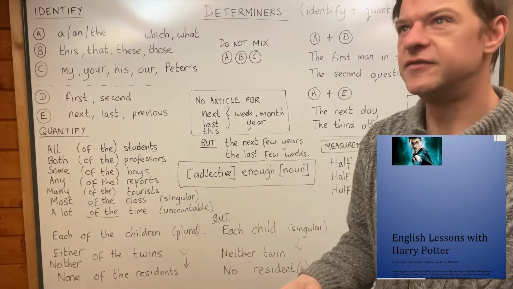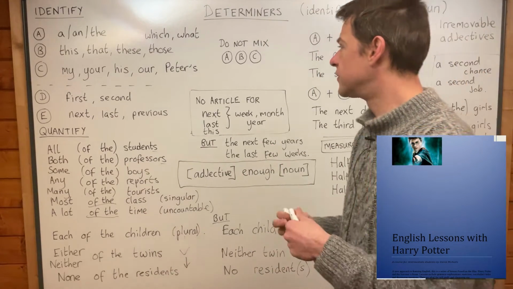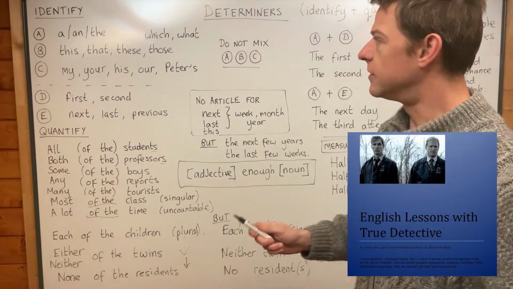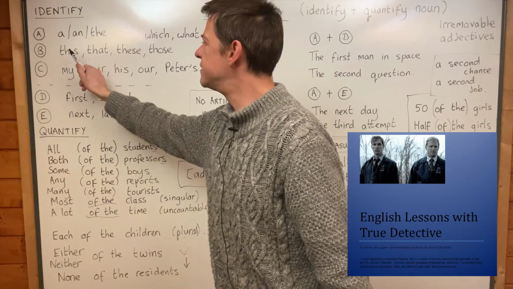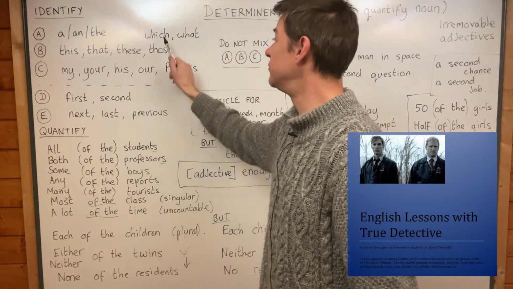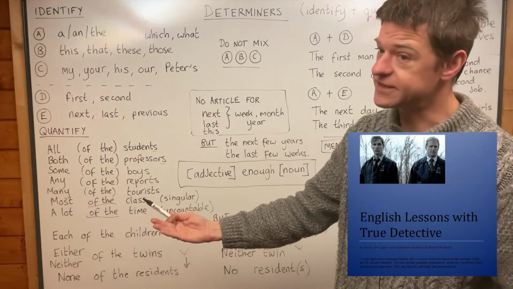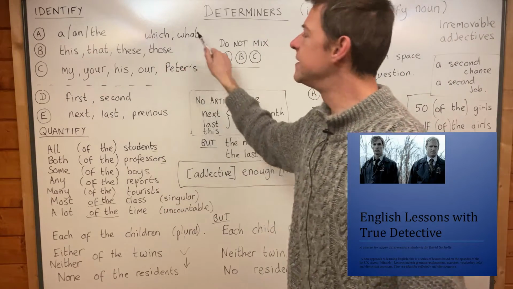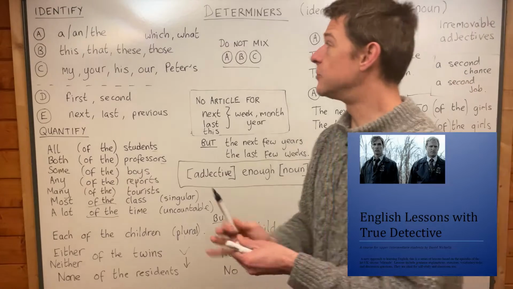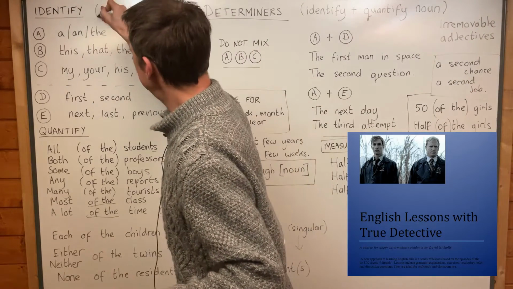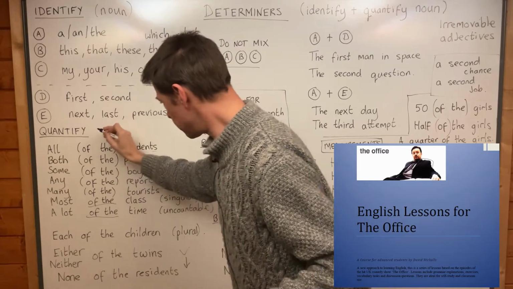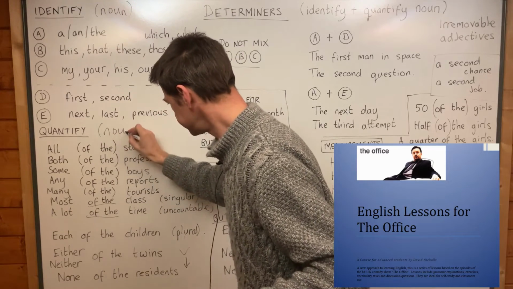And if you know this, then you will not try to do this, first of all, which is always going to be wrong. If you are using this or that or these or those or which or what as a determiner, and what that means is if you're using these before a noun to identify the noun, because that's what determiners do. They identify a noun or they quantify a noun.